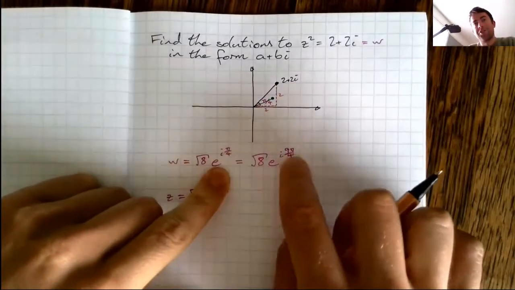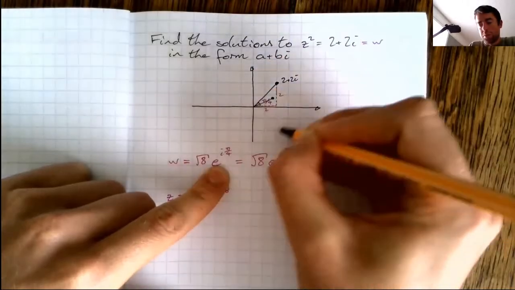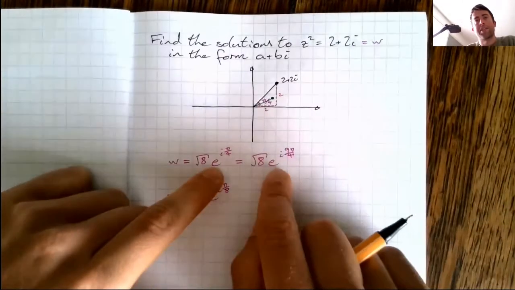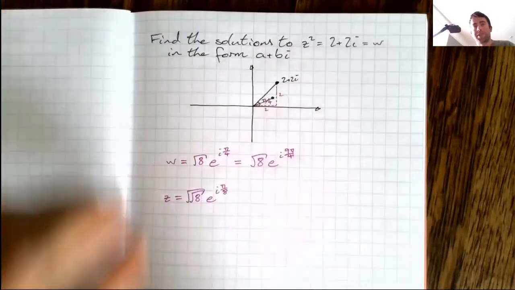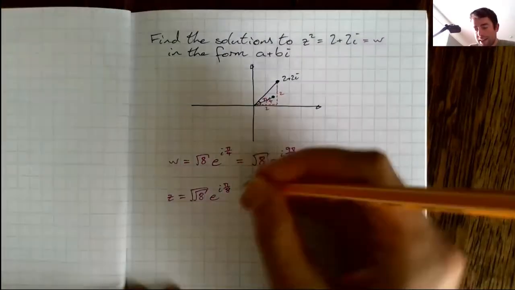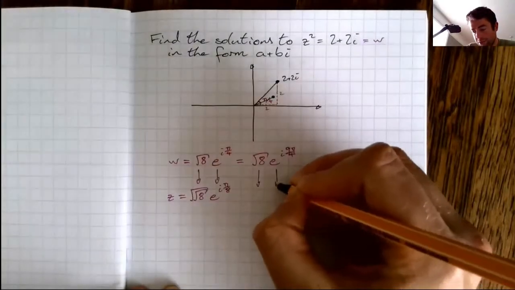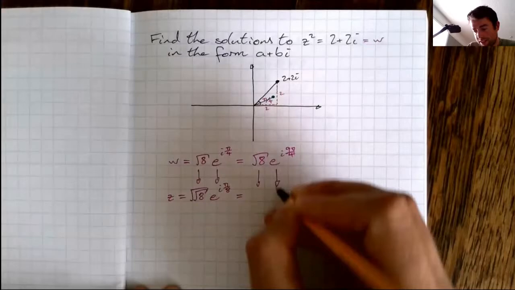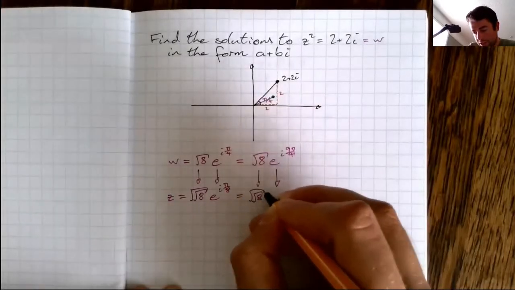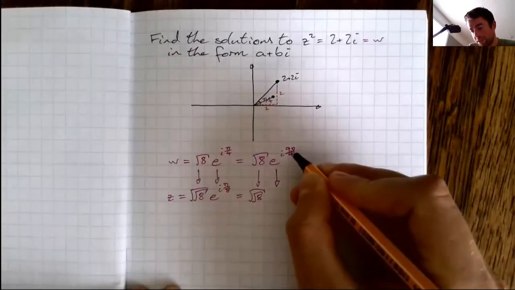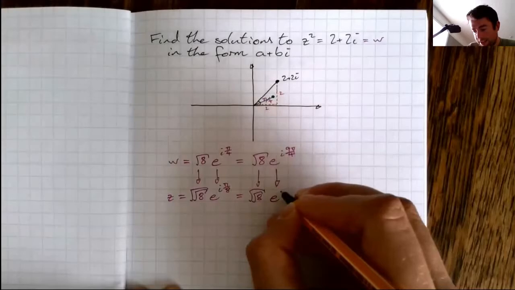I've added on 2 pi to the argument, which means I've done a full loop, and these two complex numbers are exactly the same, which is why I've put an equals there. Now, if we do that method to this new way of writing it, the modulus is the same, but the argument, when we divide it by 2, is now different.